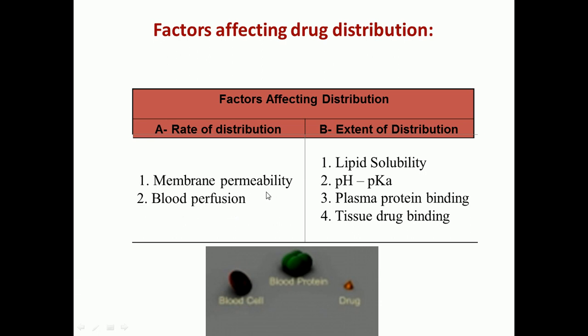Membrane permeability is how the membrane is, or how the location on which the drug has to be transported. Blood perfusion is the amount of blood a tissue gets from the heart.